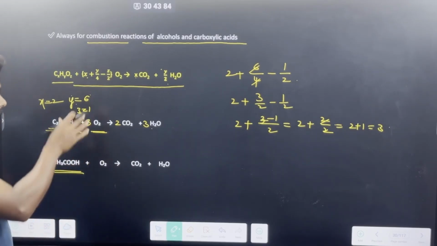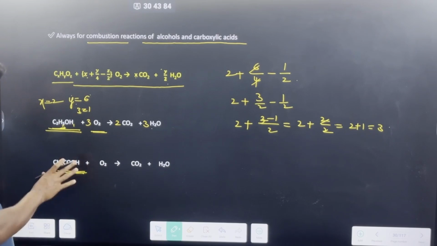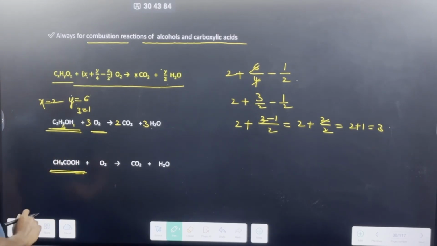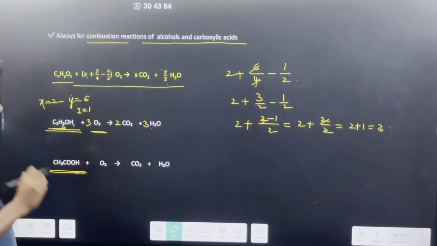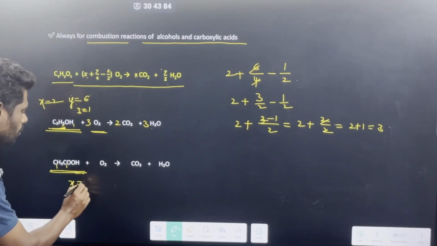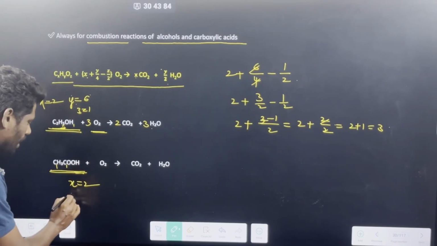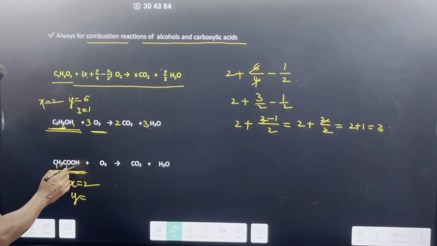Now let us apply this formula to the combustion of acetic acid, that is ethanoic acid. Now from this equation, what is the value of X? As I told you, the value of X is the number of carbon atoms. So one carbon atom is here, one carbon atom is here. So that X value is 2. Y value is the number of hydrogen atoms. 3 hydrogens are here, 1 hydrogen is here.